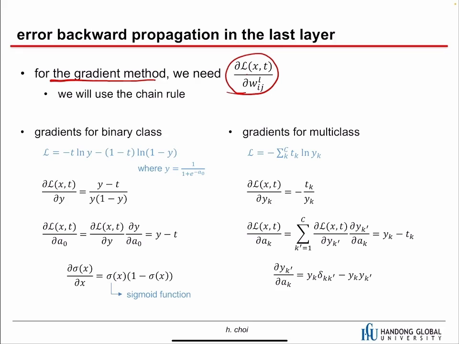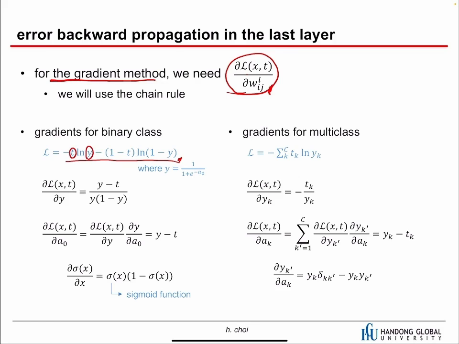Okay, from the previous slide, we got these loss functions for a single sample. So when we have one sample, we can apply forward propagation to get the y. Okay, and then we have label t. Then this is our objective function. And we need this gradient, but we have a lot of layers.